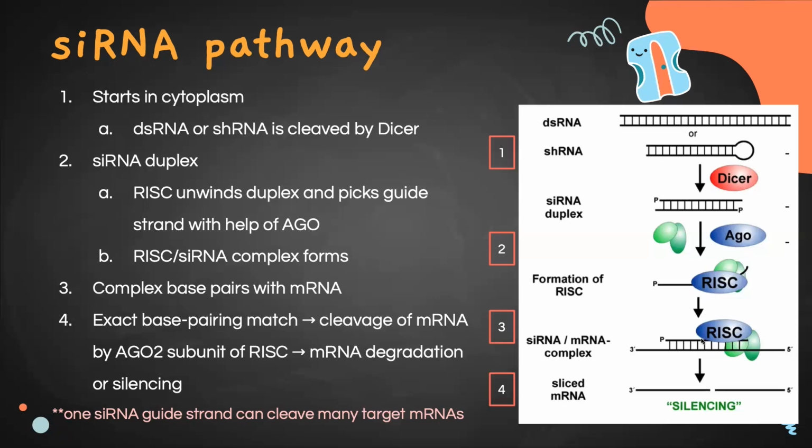So the RISC complex can continue to use that same siRNA to go and silence however many mRNAs that it needs to. And miRNA does not do that? miRNA can also, you don't need a lot to have a big outcome, but because miRNA is not an exact base pairing match, it can't be as efficient as siRNA.